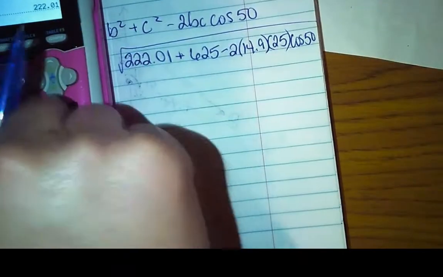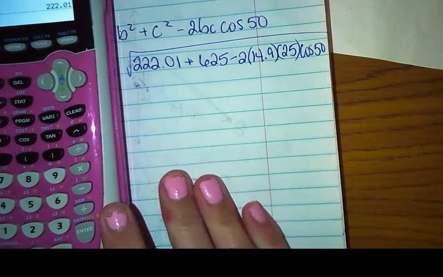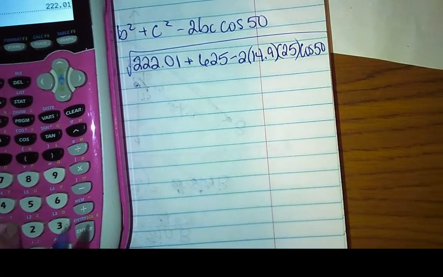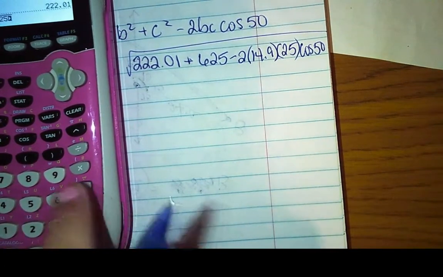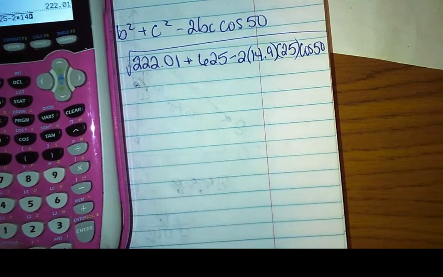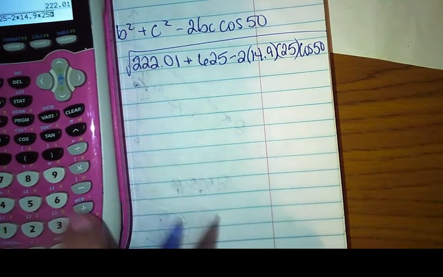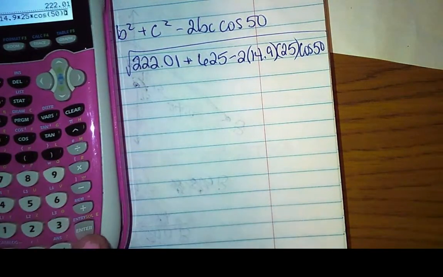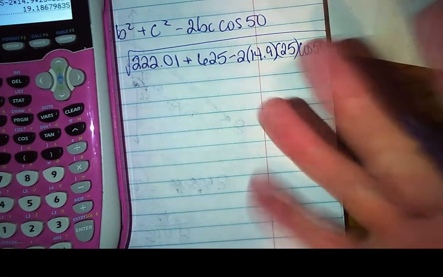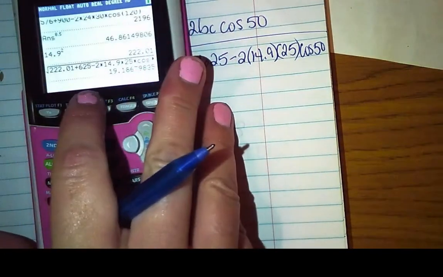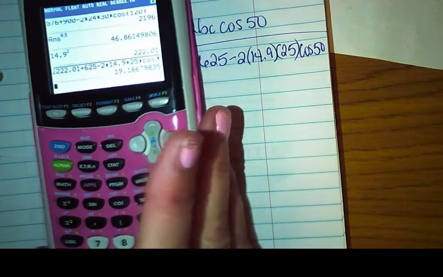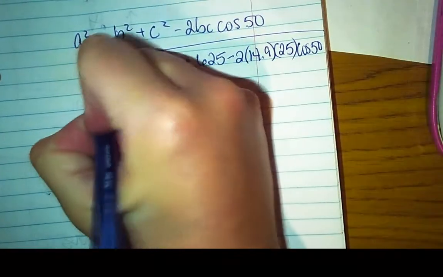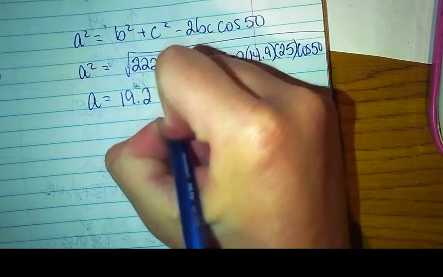So if I slap all this stuff in my calculator, I get 222.01 plus 625 minus 2 times 14.9 times 25 times the cosine of 50. And I've already taken the square root. Okay, so don't do a square root again. So I got 19.2. So A is 19.2 miles. Okay, so this is 19.2.